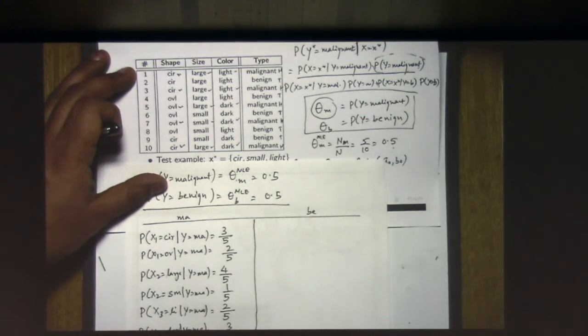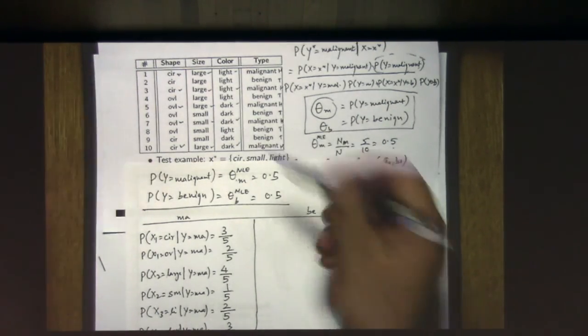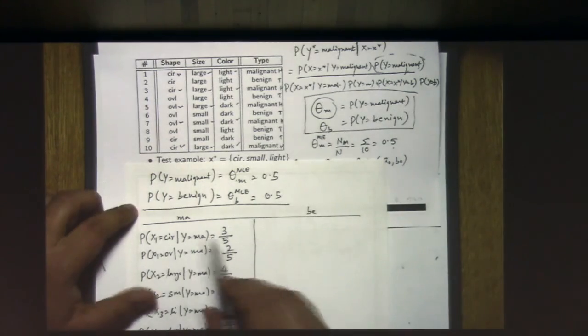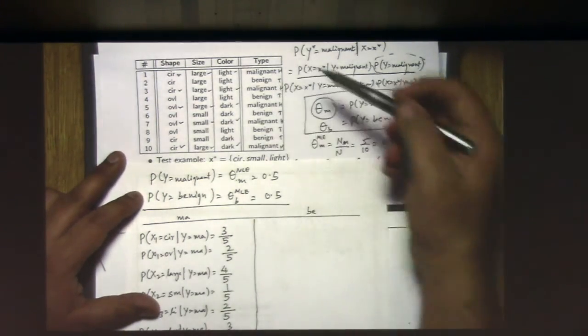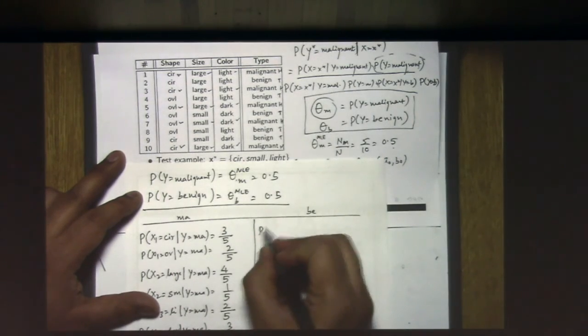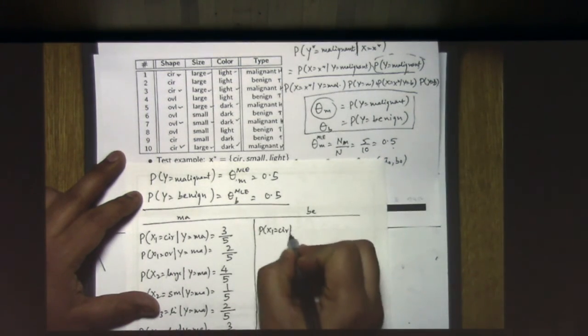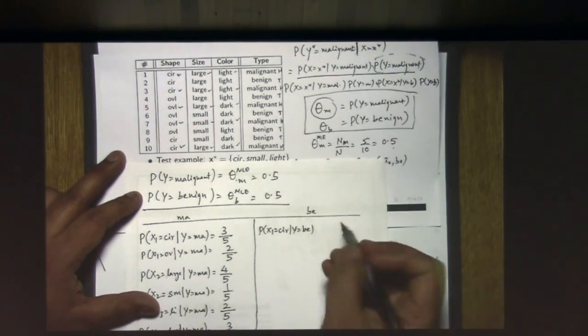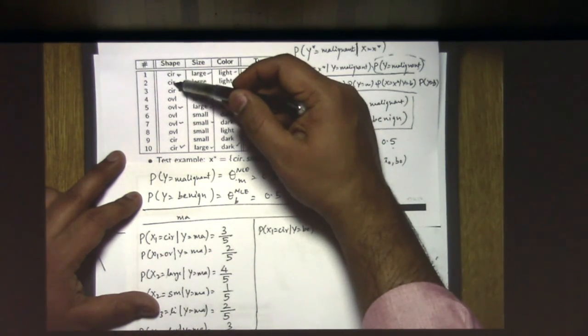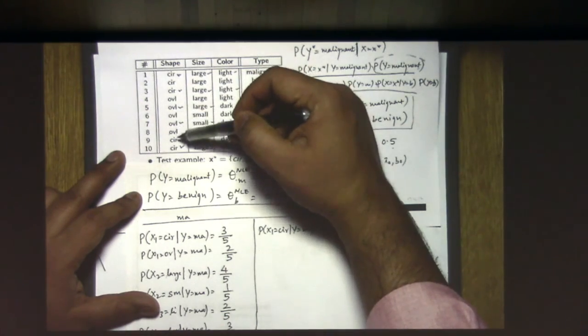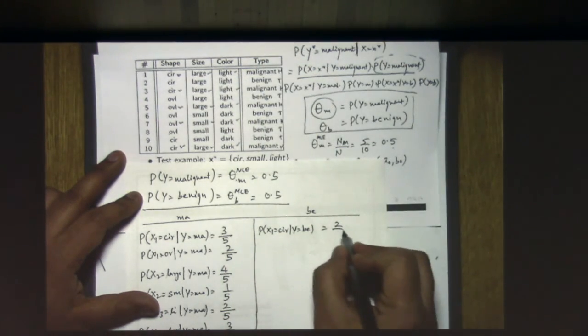And the same thing you can do for the benign case. Now you will look at the other things. So I'm not going to write these things, I'm just going to write the numbers. So for benign, if we are looking at circular, y equal to benign, right? Now you are going to look at the benign rows and see how many times do I see circular. So 1 and 2, it will be 2 by 5.